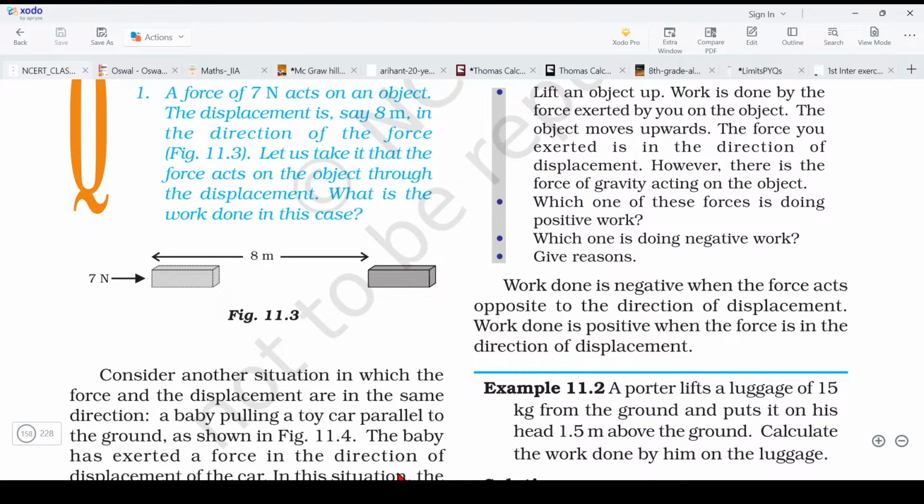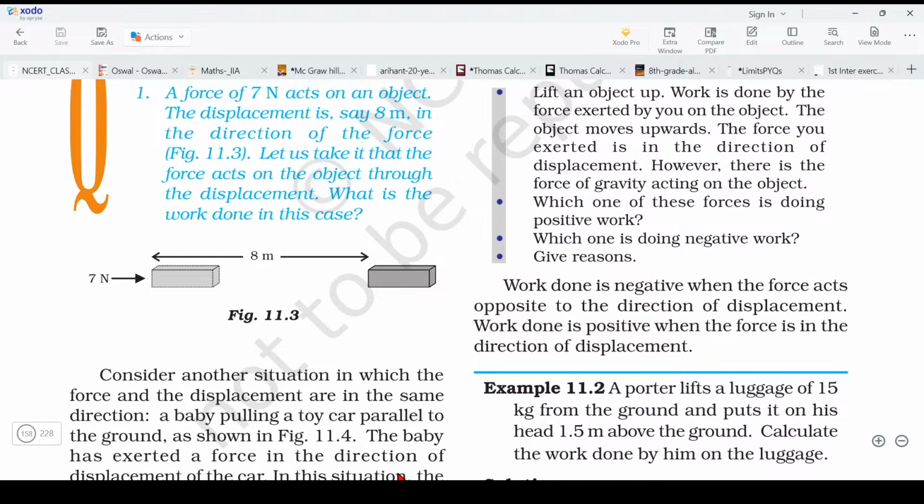Force equals mass into acceleration, or change in momentum, that is m into (v minus u) by t. Okay, force is mass into acceleration.